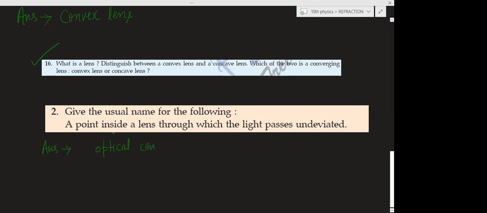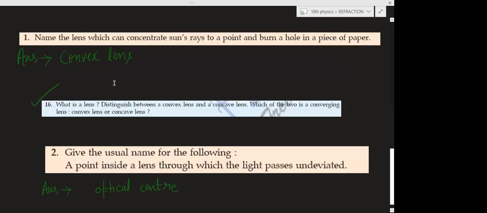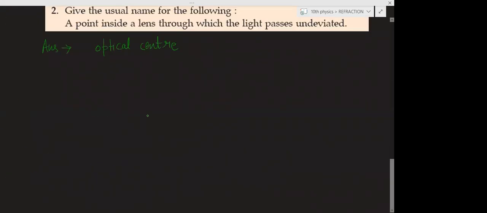So when you take the lens, suppose this is a convex lens, and this point is the optical center, and when a light ray is passing like this, this light ray will remain undeviated if it is passing from the optical center. We will discuss this.